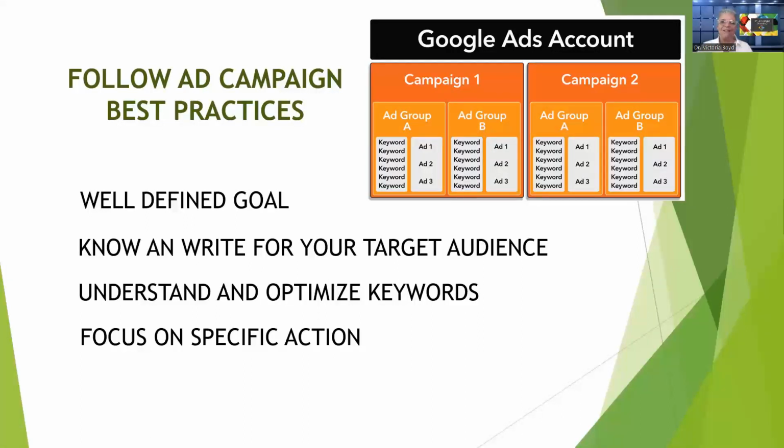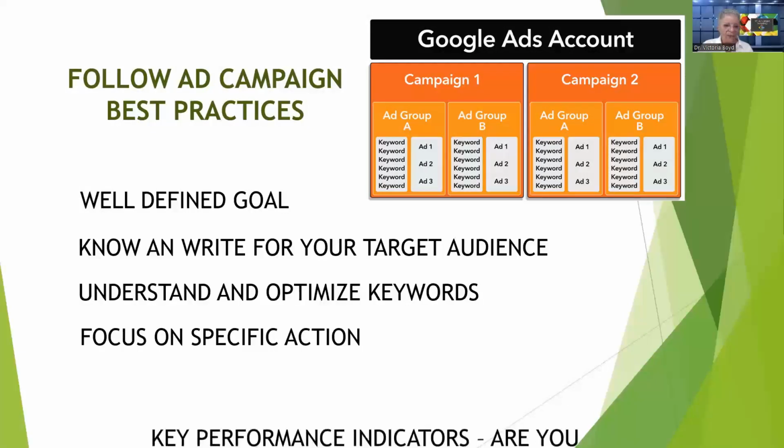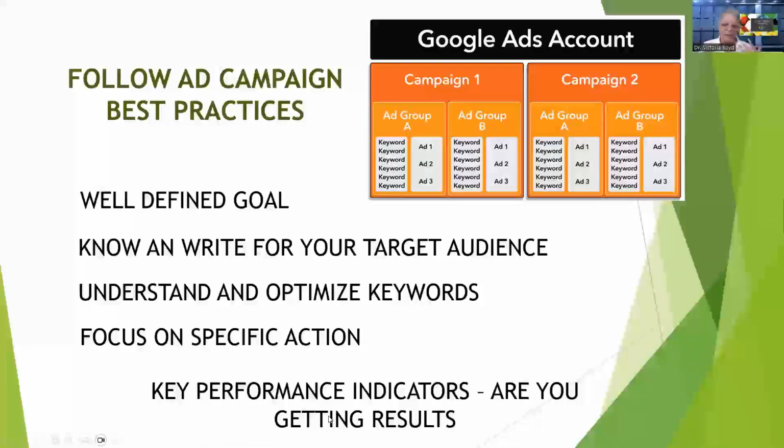And they find satisfaction and they look at you as a valuable resource. So those are some things to think about, because the key performance indicators are how you're going to get those results. And that's how you're going to be counting. Are you getting the results? So you have to have those 4 things to get those results.